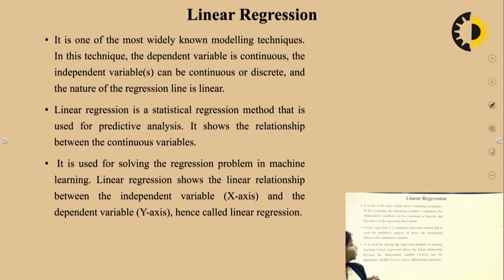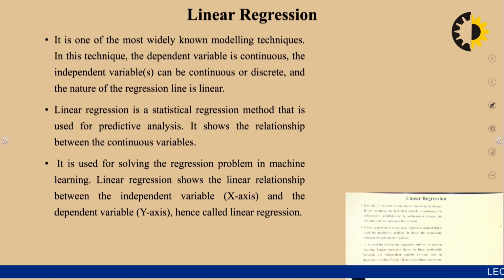Linear regression is a widely known modeling technique, and in this technique we use one dependent variable and one independent variable. It shows a continuous relationship, like temperature, height, age, salary, etc. Linear regression shows the linear relationship between dependent and independent variables through a straight line.